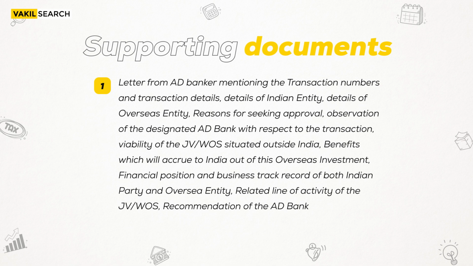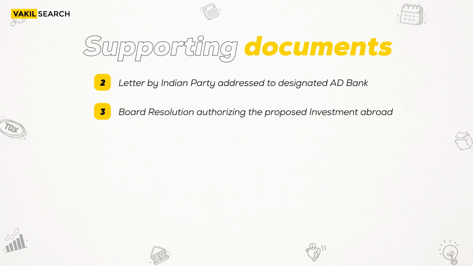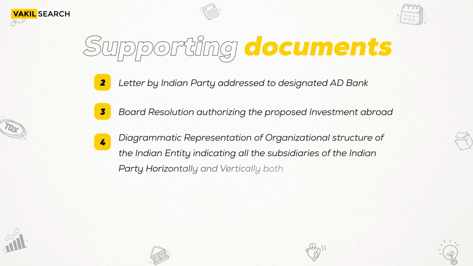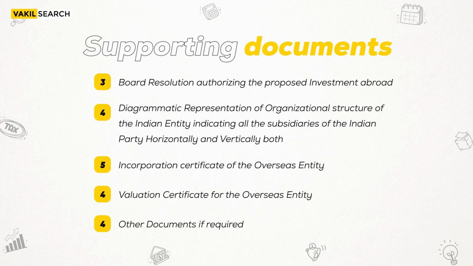A letter by the Indian party addressed to the designated AD banker has to be submitted. A board resolution authorizing the proposed investment abroad has to be submitted. A diagrammatic representation of the organizational structure of the Indian entity, indicating all the subsidiaries of the Indian party horizontally and vertically, has to be submitted. Also required are the incorporation certificate of the overseas entity, the valuation certificate for the overseas entity and other relevant documents if required.